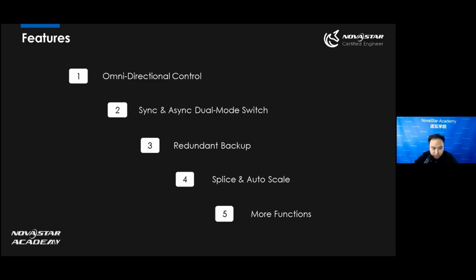The next one is the splice and the auto scaler, which means if your screen size is smaller or bigger than the video source, it can support the auto scaler function. The last one is the more useful functions.